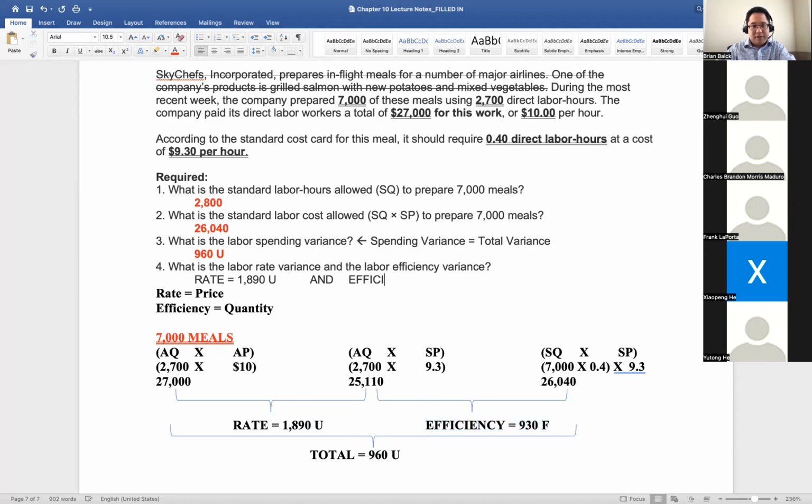Efficiency variance is 930F. Okay, that is it. Any questions on this?